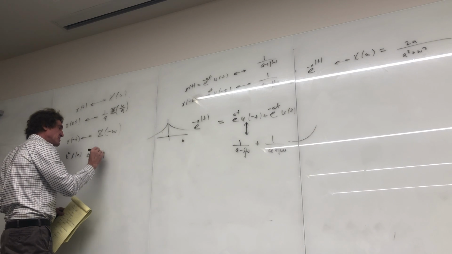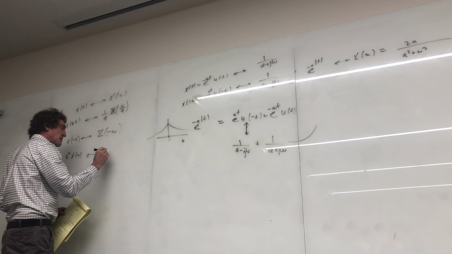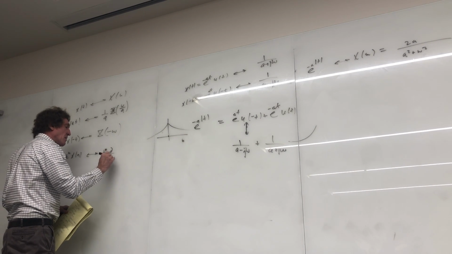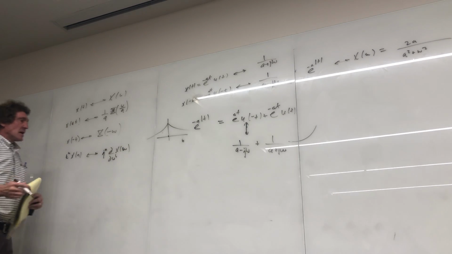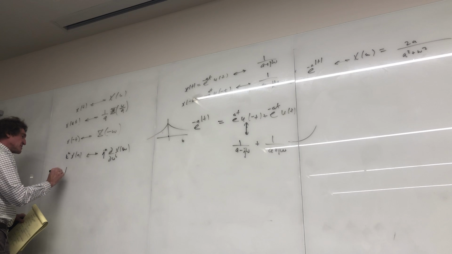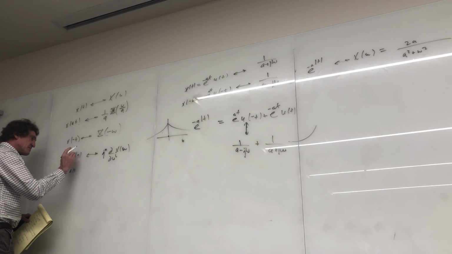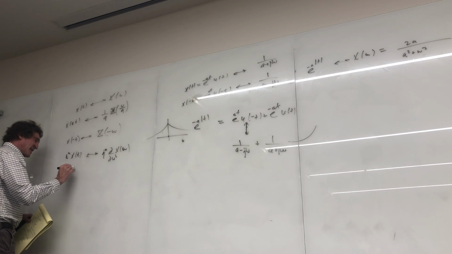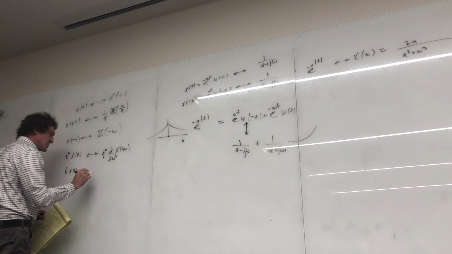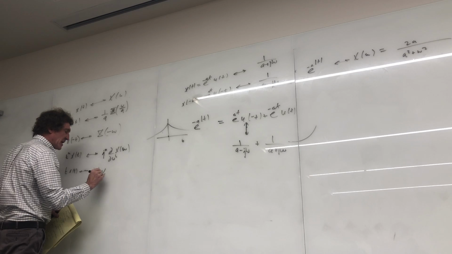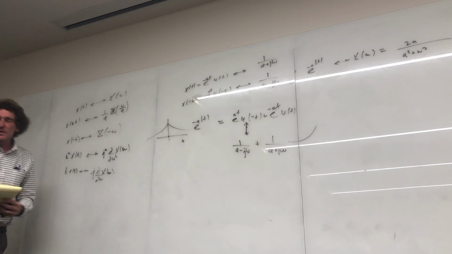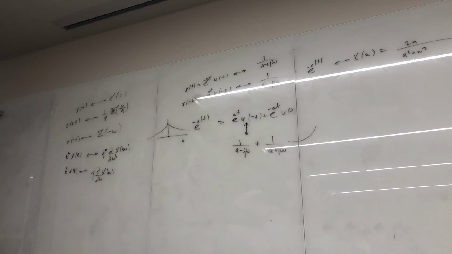Here, it's just going to be j to the n times the nth derivative with respect to omega of X of omega. The most common one is x of t goes to just j times the derivative with respect to omega of X of omega. We can do an example of that property too.